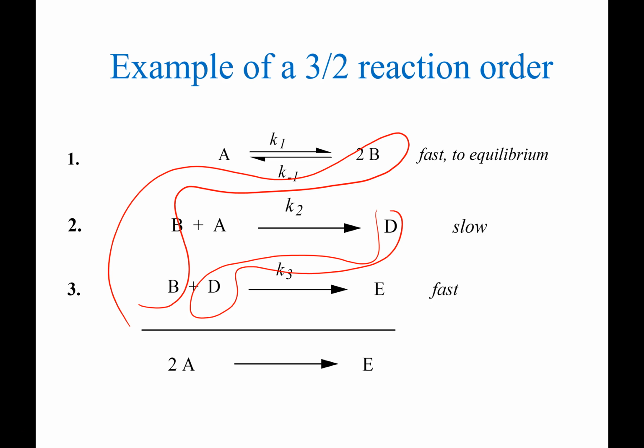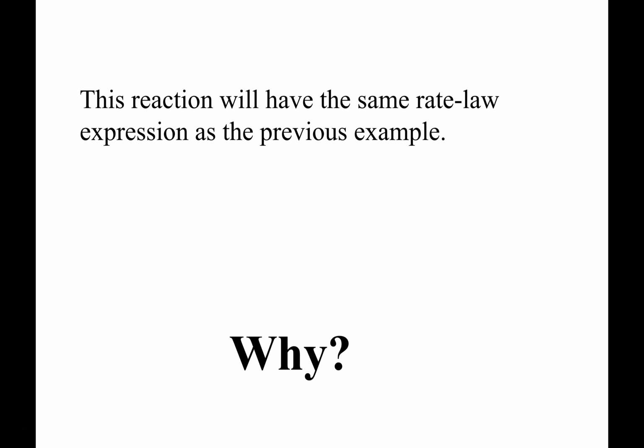Again, I don't think I have the full thing, but can you see where we would focus on the second elementary step again, because it's slow. We have an intermediate there. And we're going to actually end up with the same as we ended up with before. The same pattern.